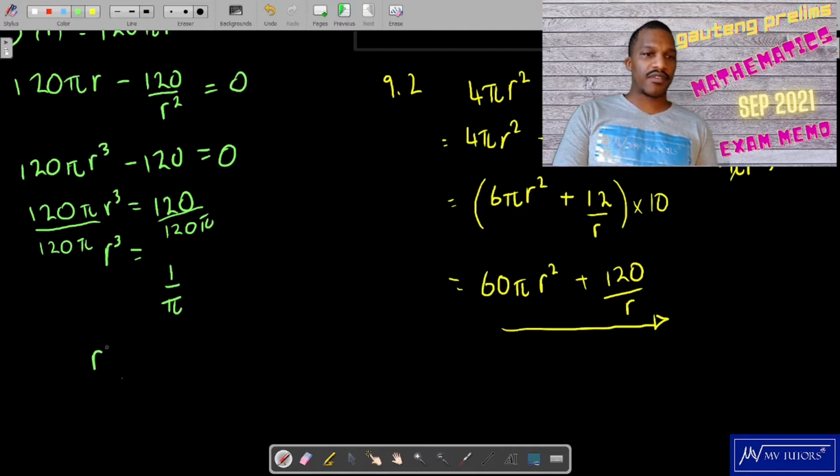So I have r cubed is equal to 1 over pi. To get rid of the cube, cube root both sides. Then r is equal to the cube root of 1, which is 1, and I'll just leave this as the cube root of pi.